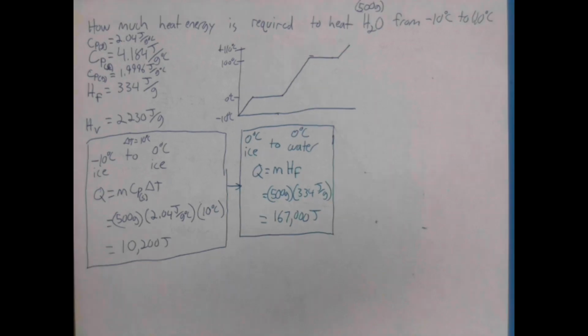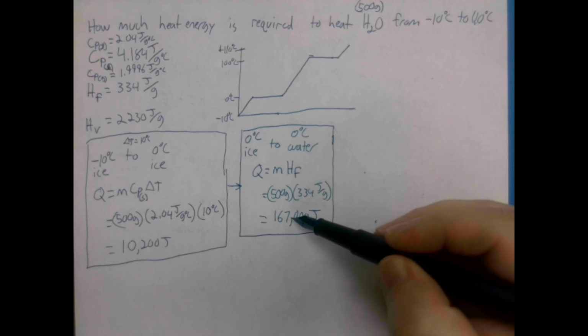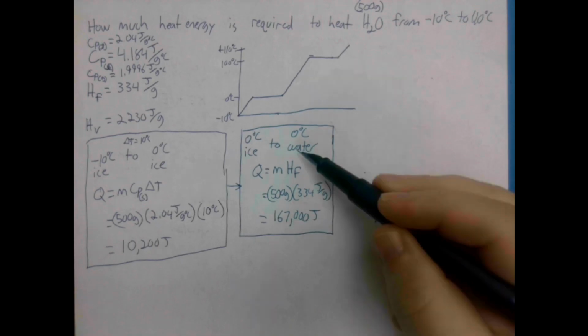It didn't take much energy the day after to bring it up to 0 degrees Celsius. However, how long did it take for all the snow to melt? A long time. It was still here a few days later, especially in the shadow portion where it's not receiving much energy from the sun. That's because it takes a lot of energy to actually convert it from ice to water.